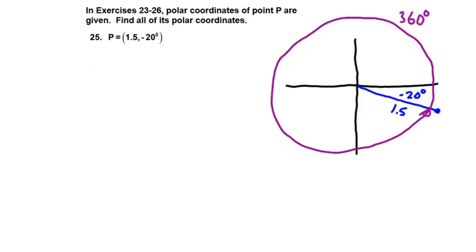So to find all the polar coordinates, we have 1.5, comma, negative 20 degrees, plus 360 times n degrees.